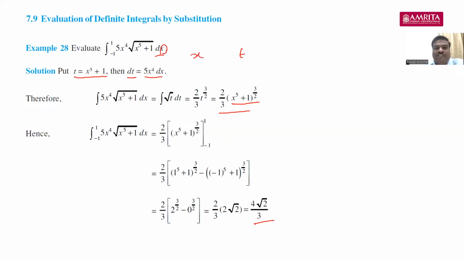We have x values from minus 1 to plus 1. And what about the new values? Once you change everything in terms of t, how to get the values of t? From this relation we will find it out. When x is equal to minus 1, minus 1 whole power 5 plus 1 is your t answer.